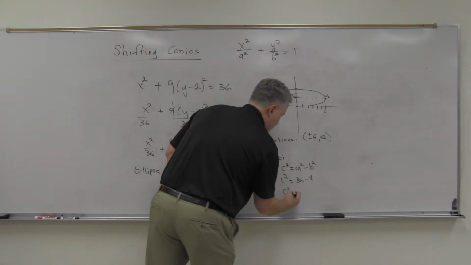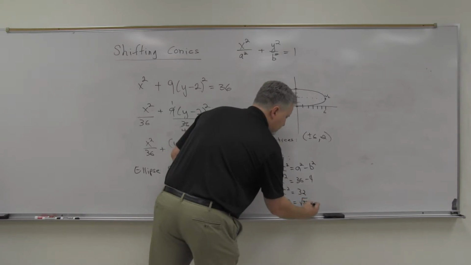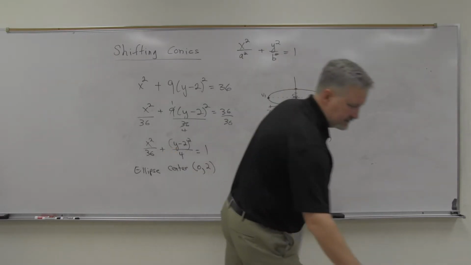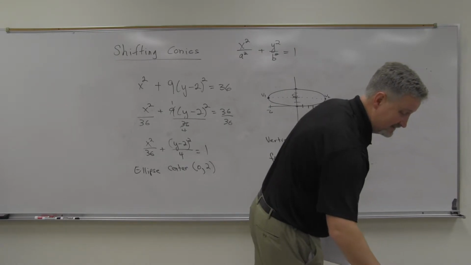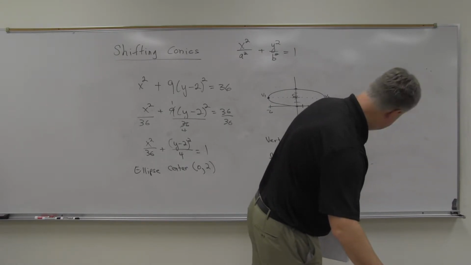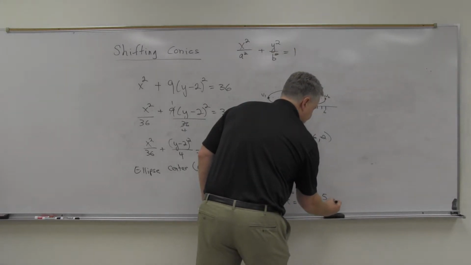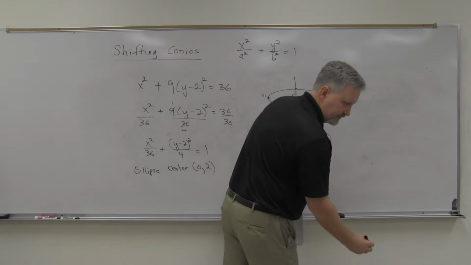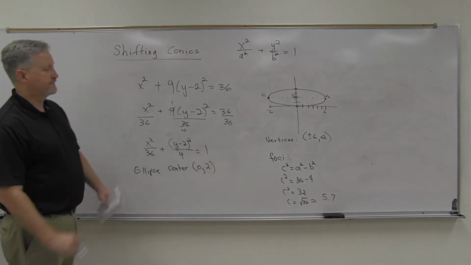And so c squared would be 32. C would be the square root of 32, which is about 5.65. Let's call it 5.7.